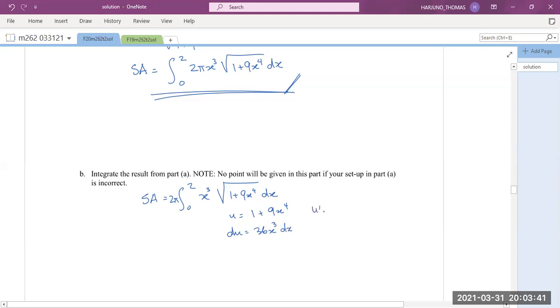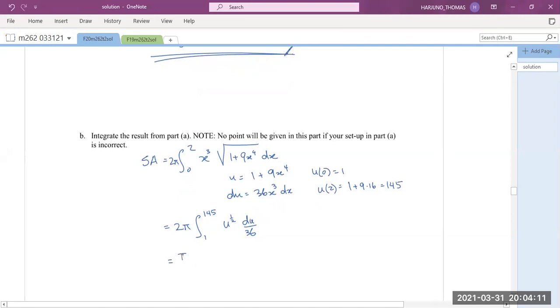And then u at 0 is 1, u at 2 is, what's that? 16 times 9, 1 plus 9 times 16, 145. So now the integral becomes 2 pi integral from 1 to 145 of u to the power of 1/2 du over 36.